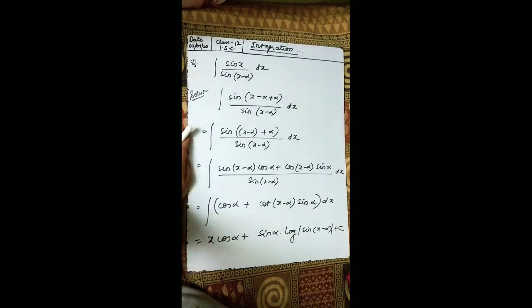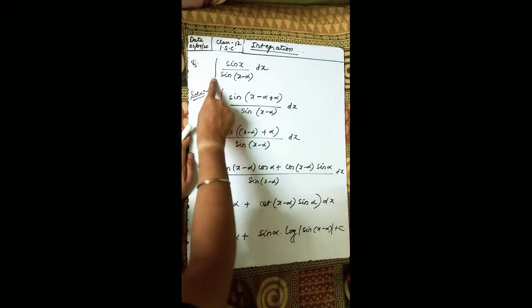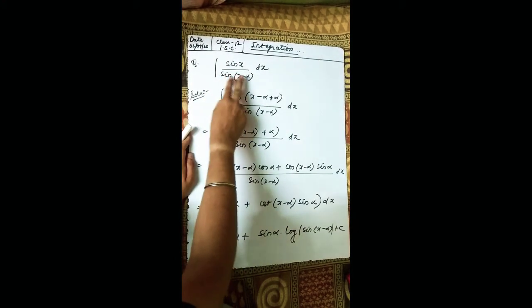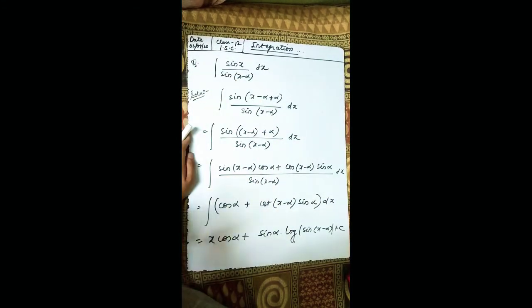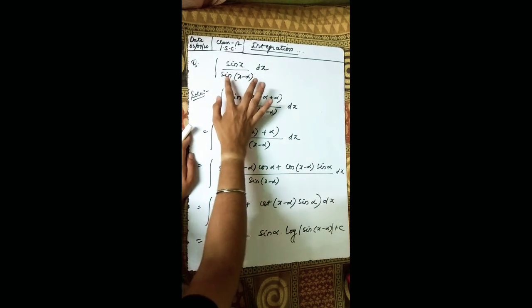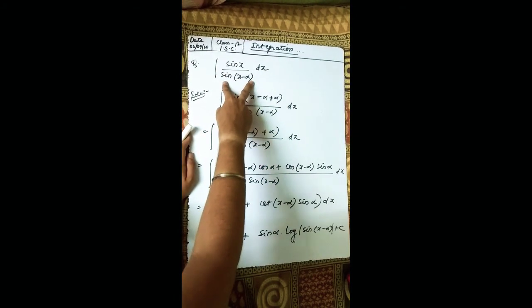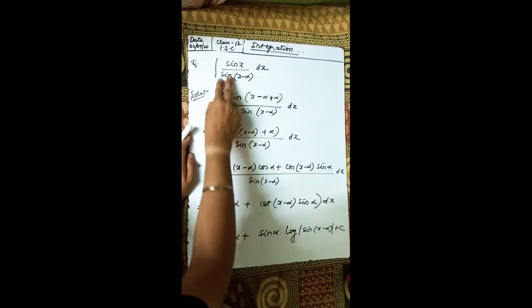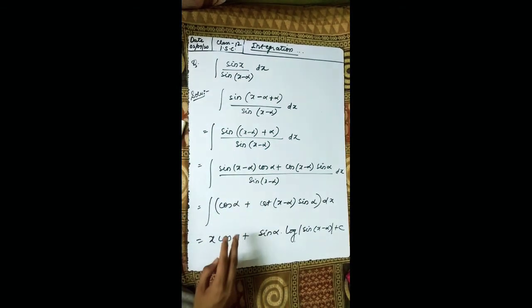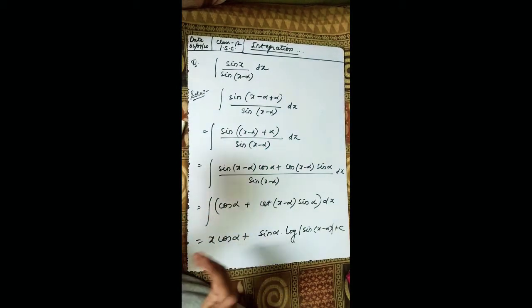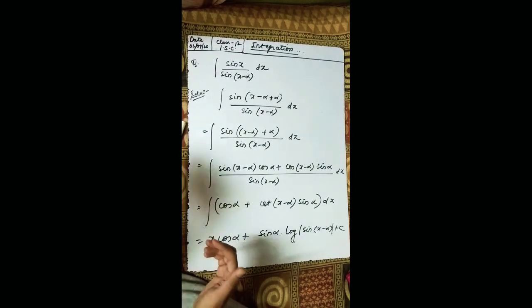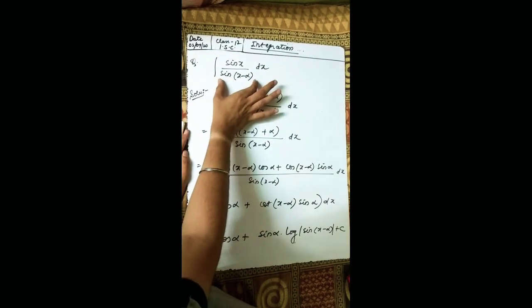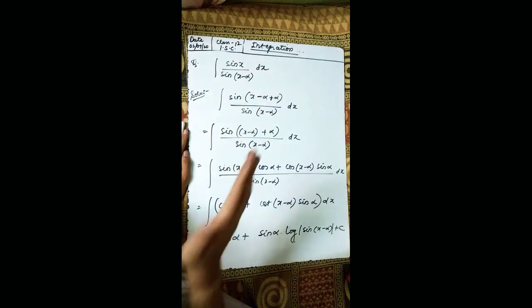Now please try to focus on this question. It says integration of sin x upon sin x minus alpha dx. Now we need to integrate this. We have sin x in the numerator and sin x minus alpha in the denominator, so how will we integrate this? We are trying to remove the sin x minus alpha from the denominator.